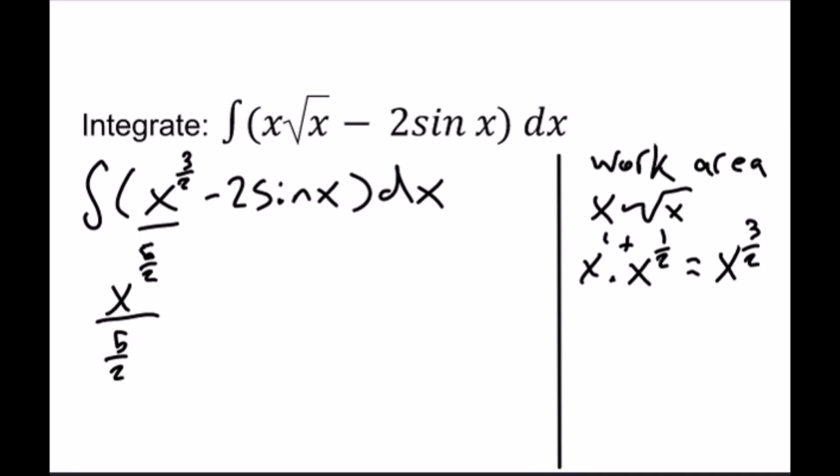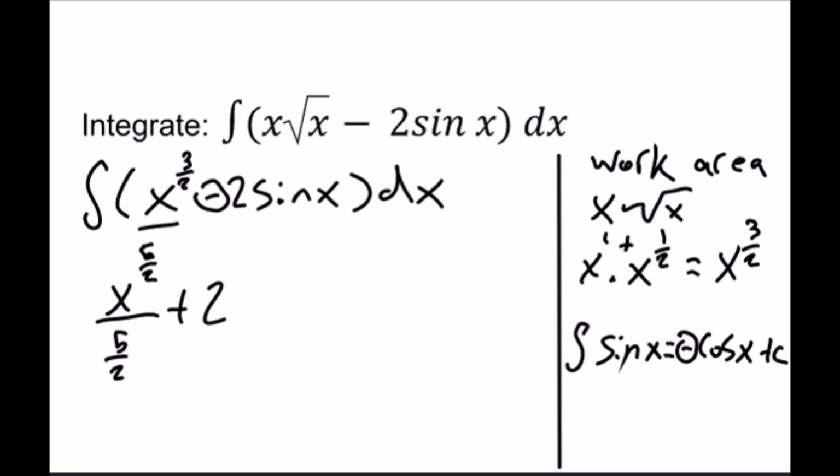Now for the second part, we have another rule, which is the integral of sine x equals negative cosine x plus c. Because we have a negative here and a negative here, it will switch to positive. So we'll have plus 2 cosine x plus c because it's an indefinite integral.